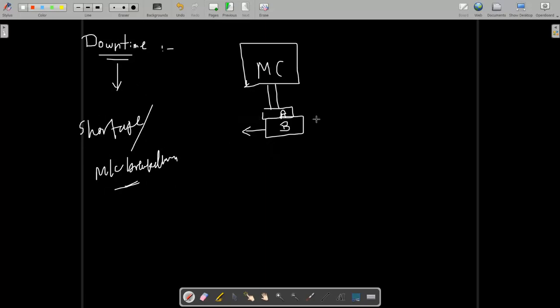So what happens if there is a shortage? Then the production cannot go ahead from this point, so the production is stopped at this point.